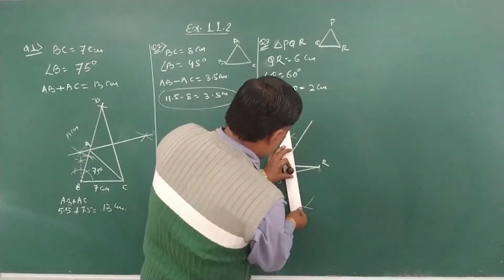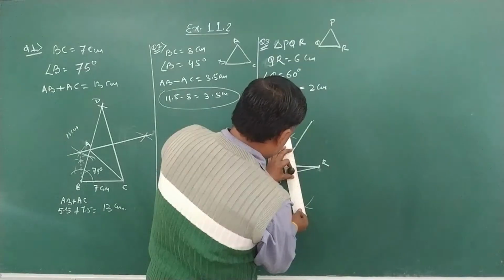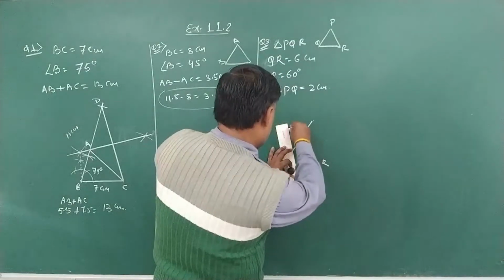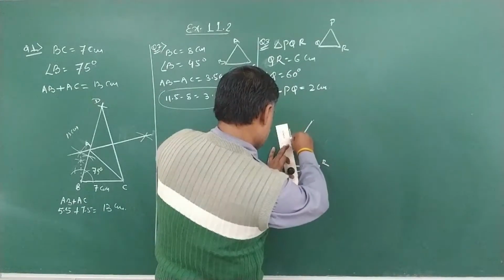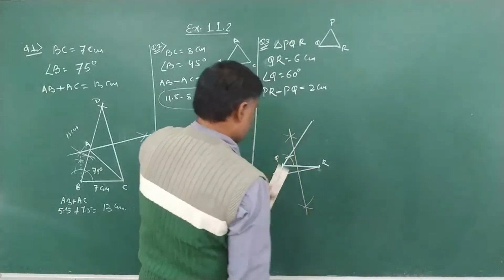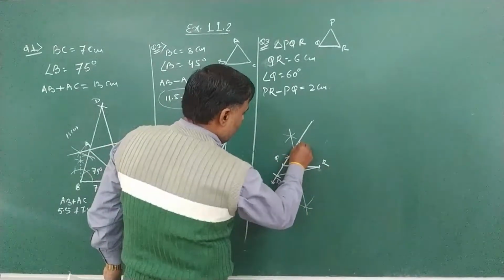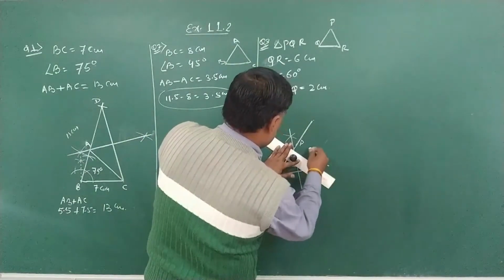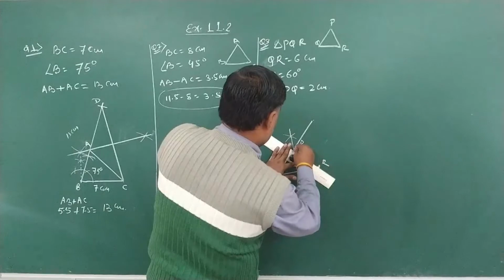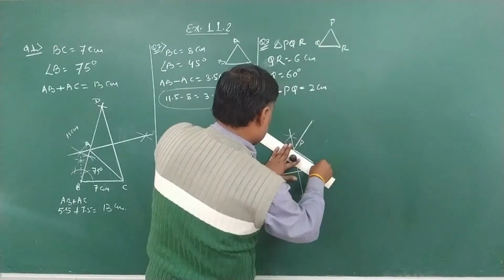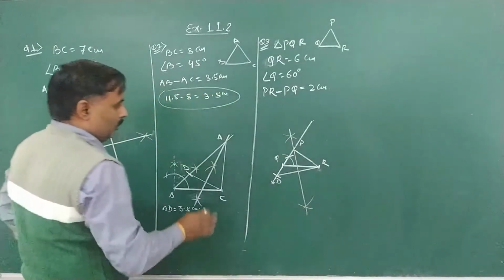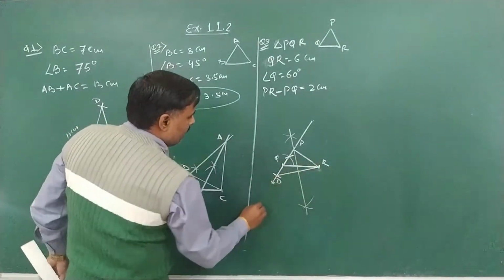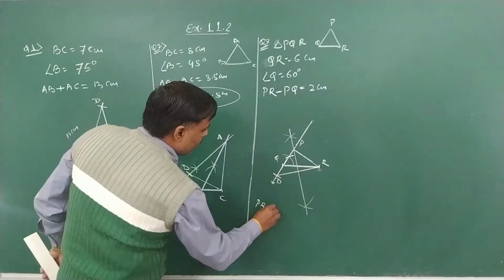So that perpendicular bisector intersects DQ somewhere, and that is your point P. So this is our P. Join PR.